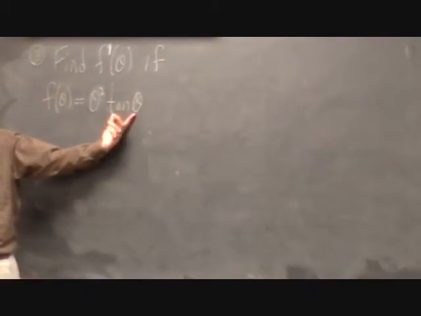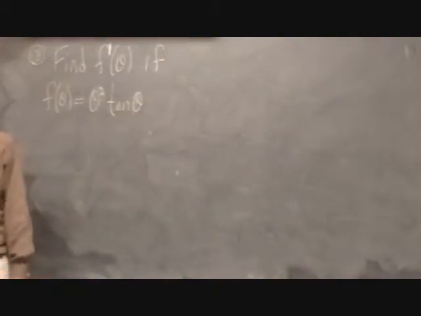We're going to eventually need to know the derivative of tangent, and we don't really have that at the ready. So how does quotient rule come into this? Well, tangent's just sine over cosine.